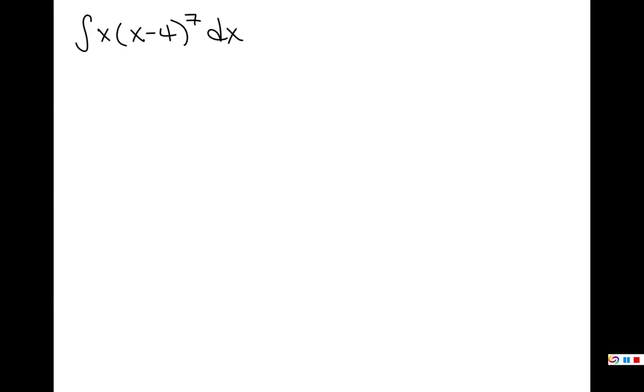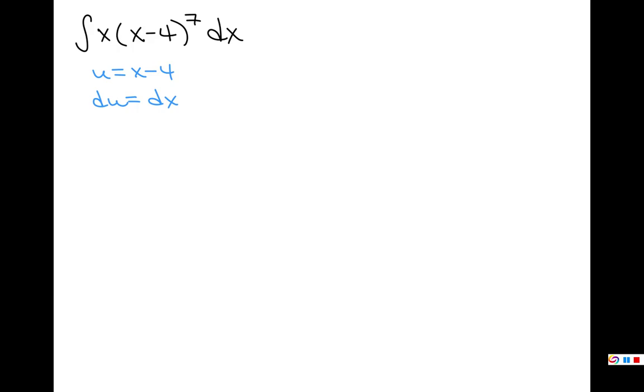Maybe write down on your paper what you think the u should be. I would choose x minus 4 because that's my inside function. The derivative of x minus 4 is just 1, so my du is 1 dx. You don't have to write down the 1 though. du equals dx.